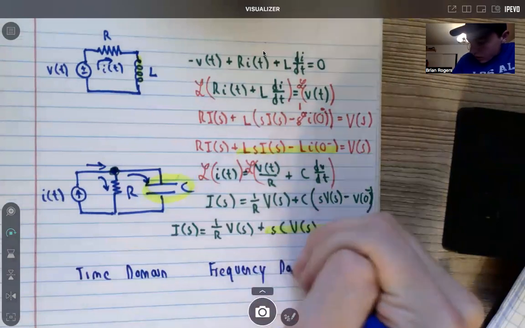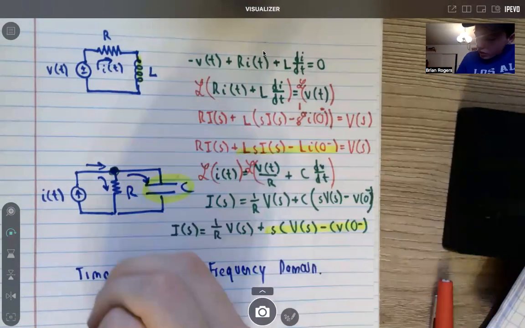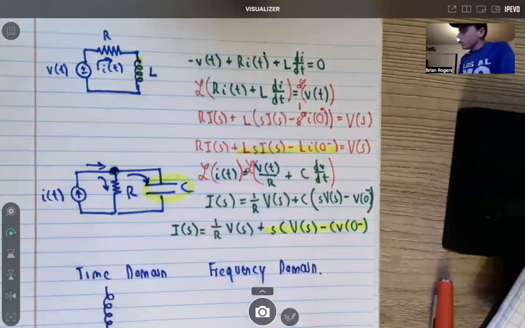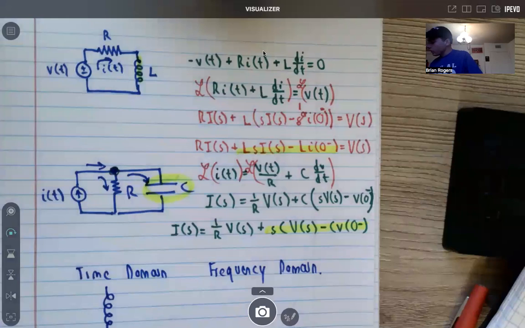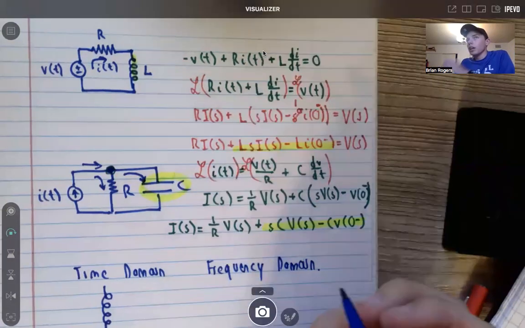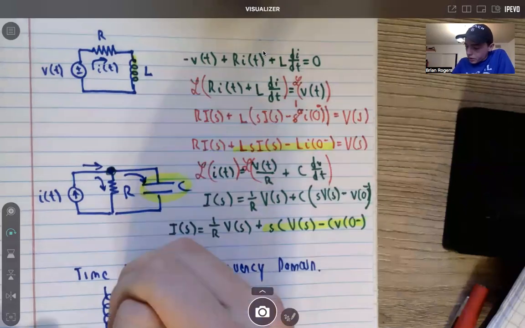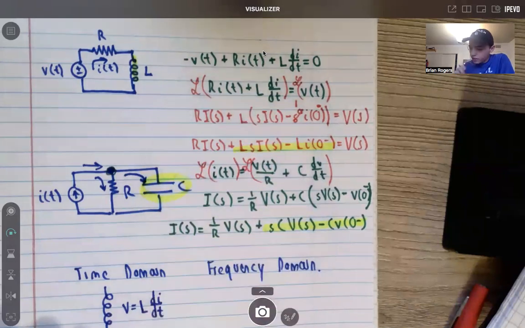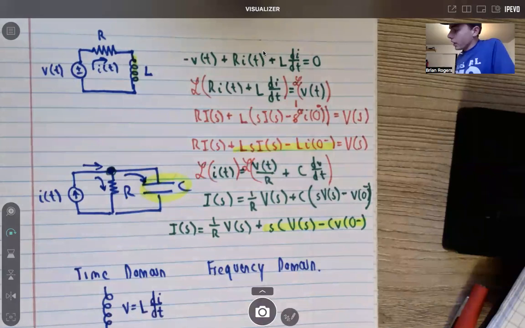When we have an inductor in the time domain, you're going to notice that the voltage of an inductor is given by V equals L times di/dt. So in the frequency domain, how are we going to represent that?